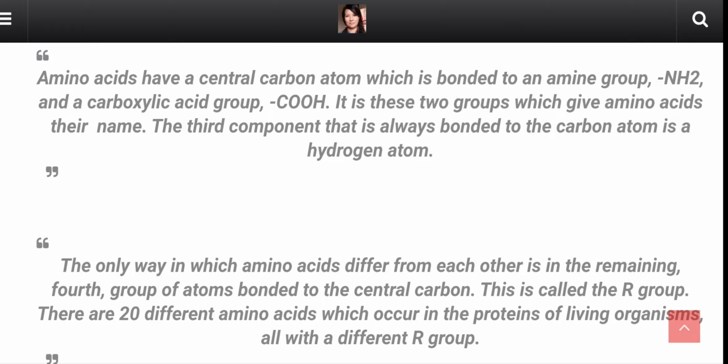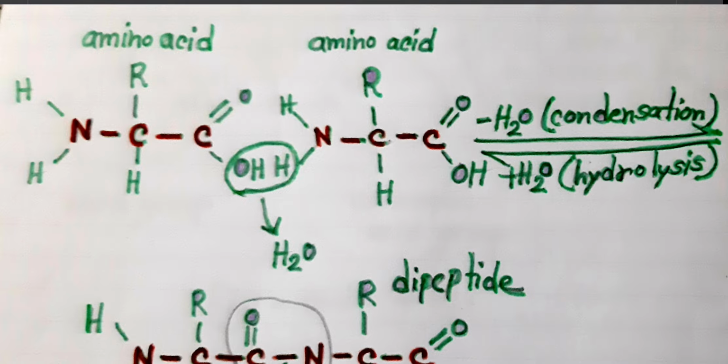Now I'm going to talk about amino acids. Amino acids have a central carbon atom which is bonded to an amine group and a carboxylic acid group. It is these two groups which give amino acids their name.